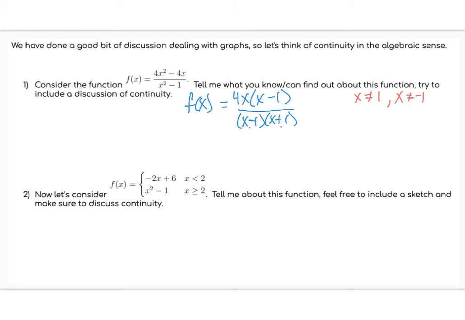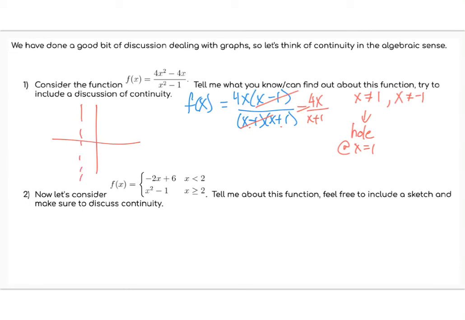Now when we cross those things out, that doesn't mean that x can start equaling 1 again. It means that we have a hole in our graph when x equals 1. And then we're left with the graph of 4x over x plus 1. If I were to sketch this out, I'm going to have an asymptote at negative 1.